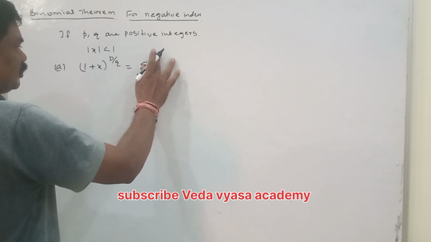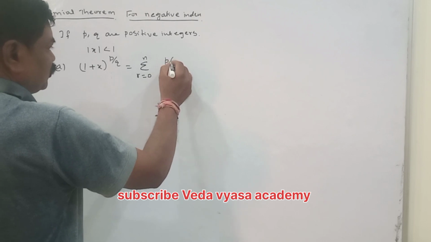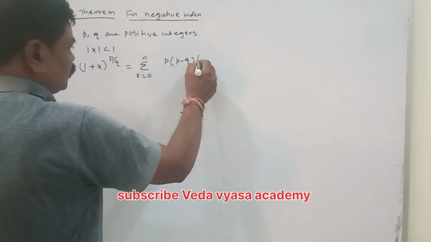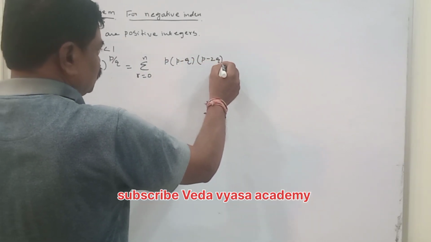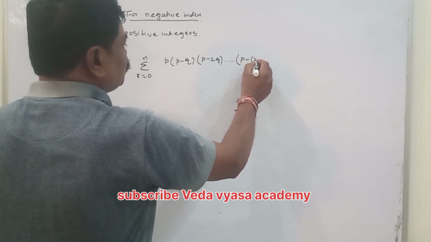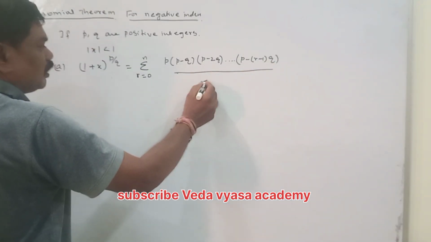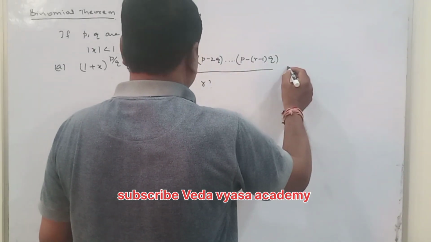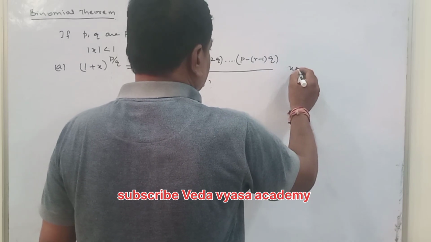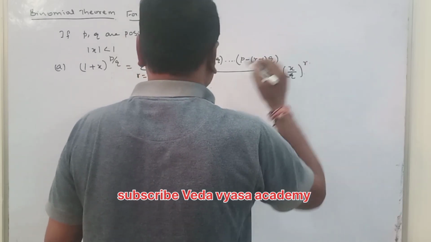Or 0 to n. Here, p into p minus q, p minus 2q, and so on, p minus (r minus 1)q, by r factorial, into x by q power r.